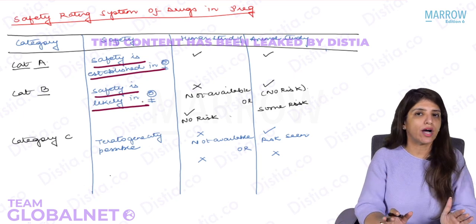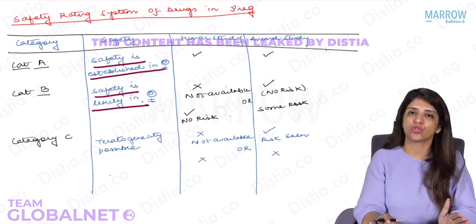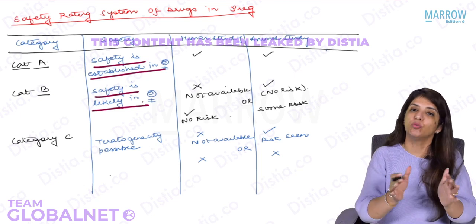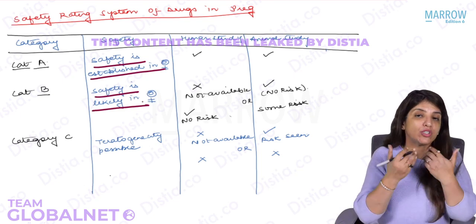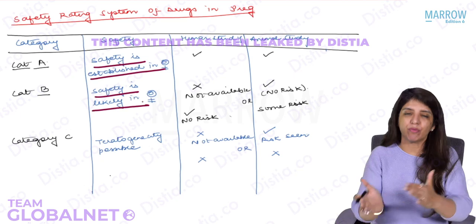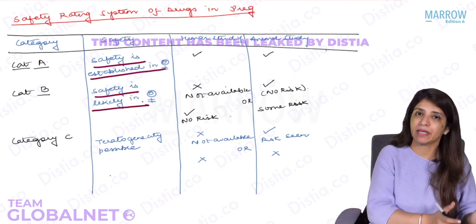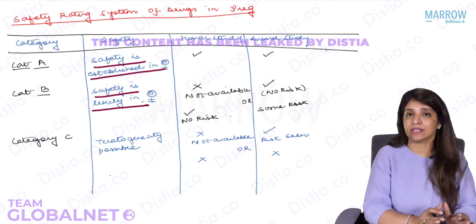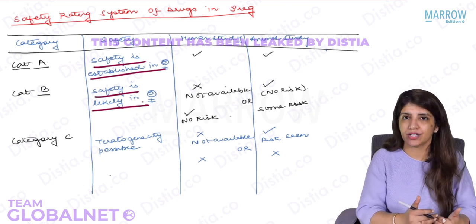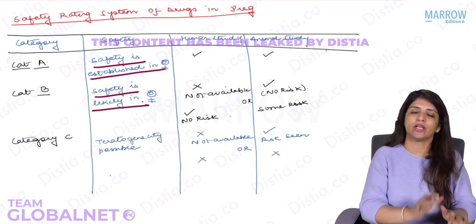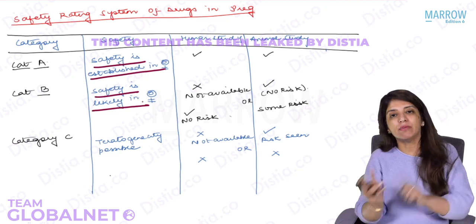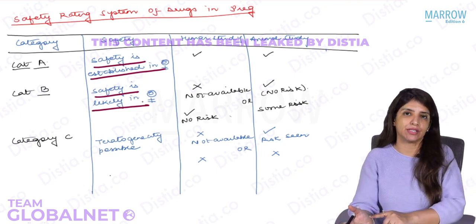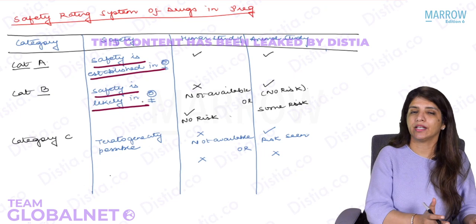So if there is a drug in which animal study is showing no risk and we don't have any human study, then we put it in category B, right? Or else, if we have both the studies where human study is showing there is no risk, but animal study is showing that there is some risk, then also we put it in category B.